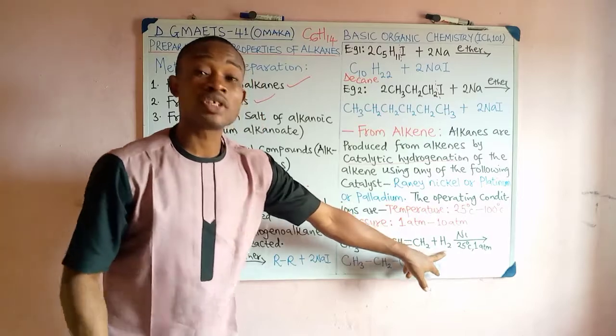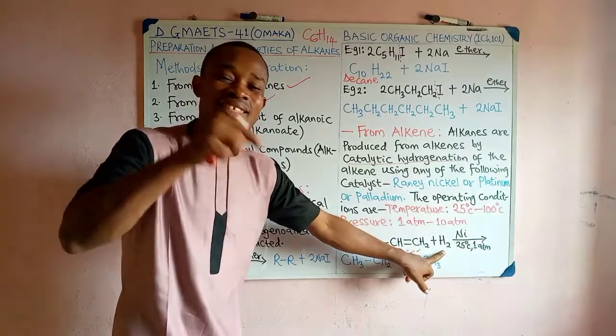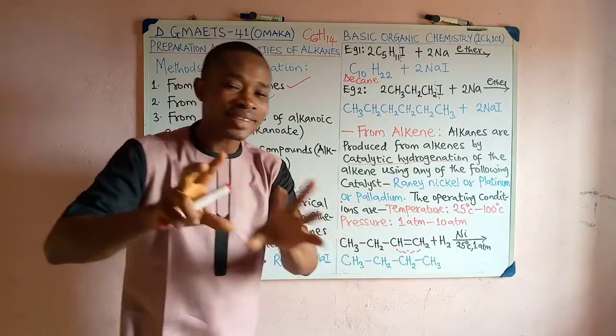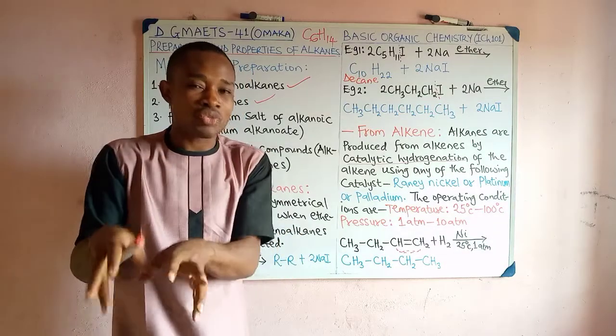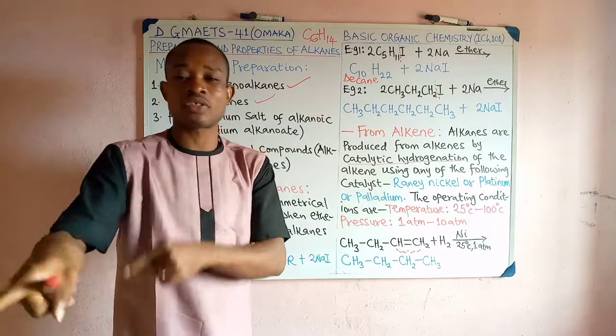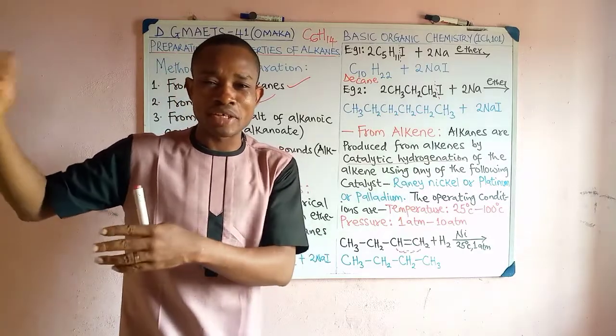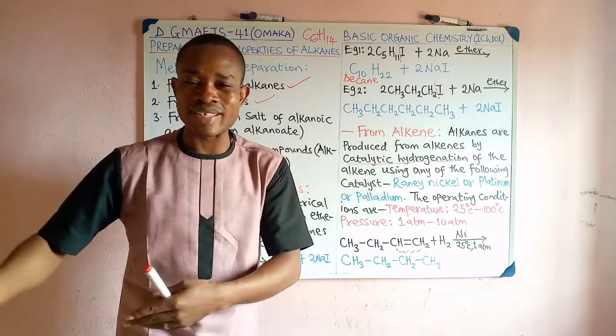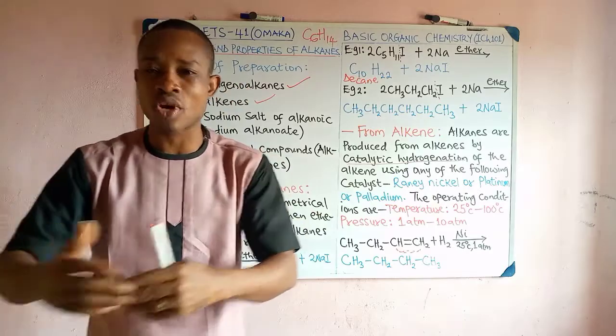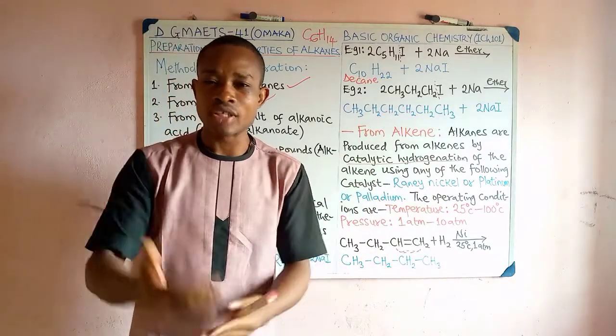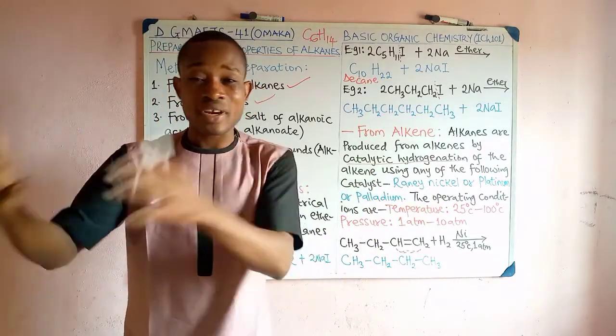Alright, now look at the hydrogen gas. When you're carrying out catalytic hydrogenation, that reaction is actually a reduction reaction, but a special form of reduction reaction. Not the case where you use all these other reducing agents, like magnesium amalgam and the rest. You talk about zinc and hydrochloric acid or lithium tetrahydroaluminate, or the use of Grignard reagents.